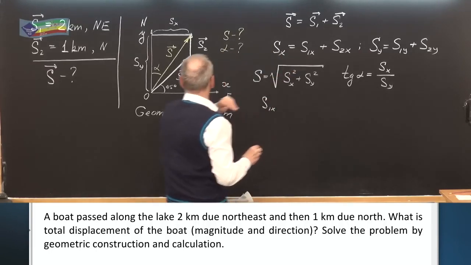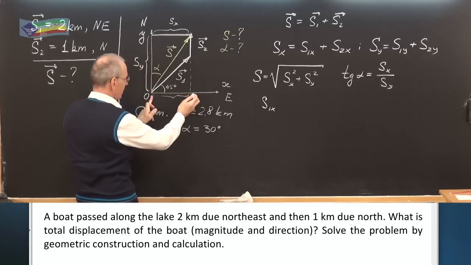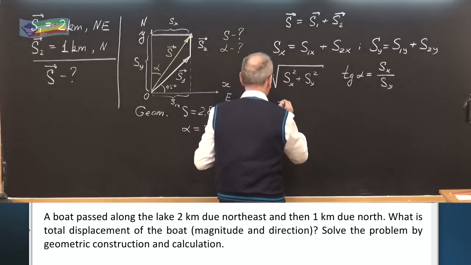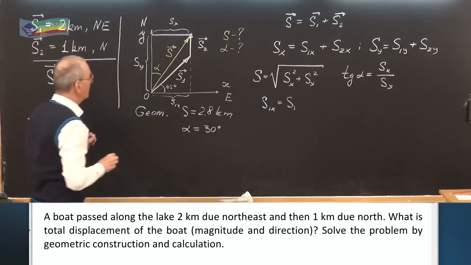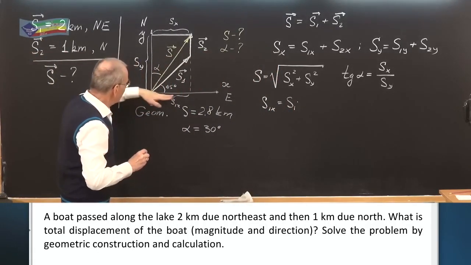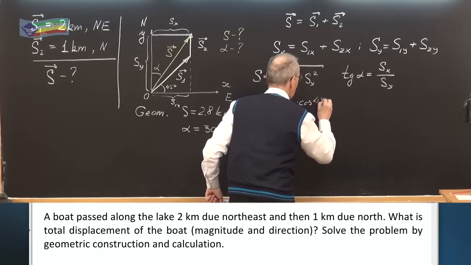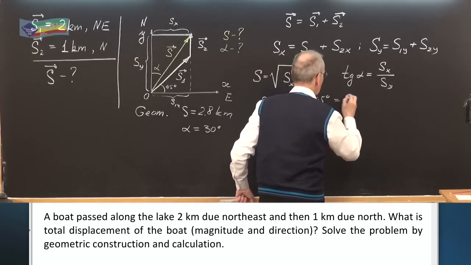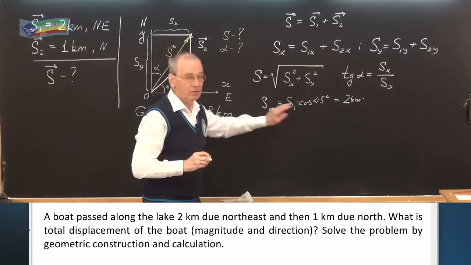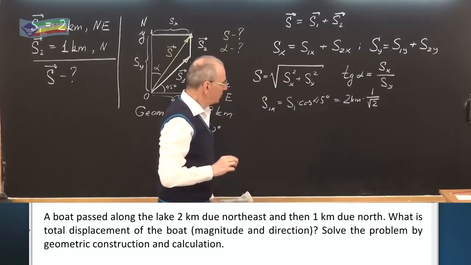S1x is this segment, and we can write S1x equals S1 magnitude, 2 kilometers, times cosine of 45 degrees, which is 1 over the square root of 2.